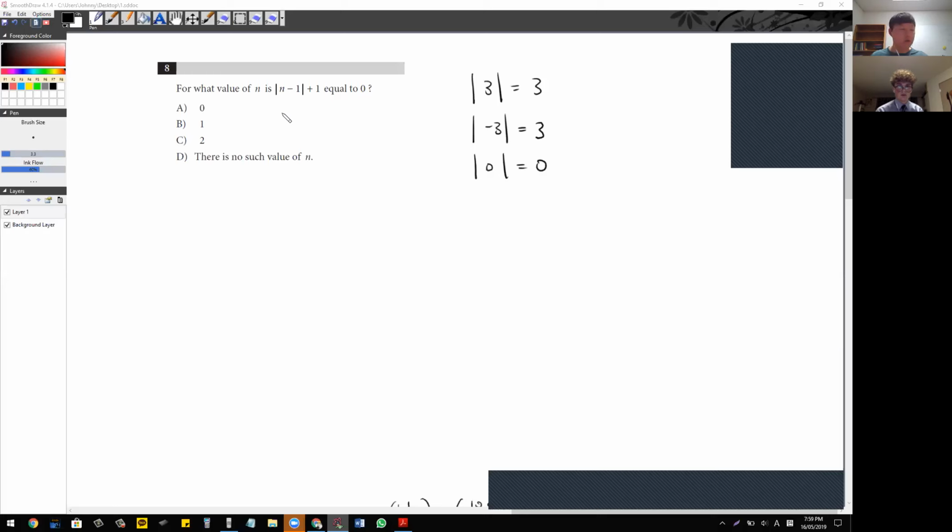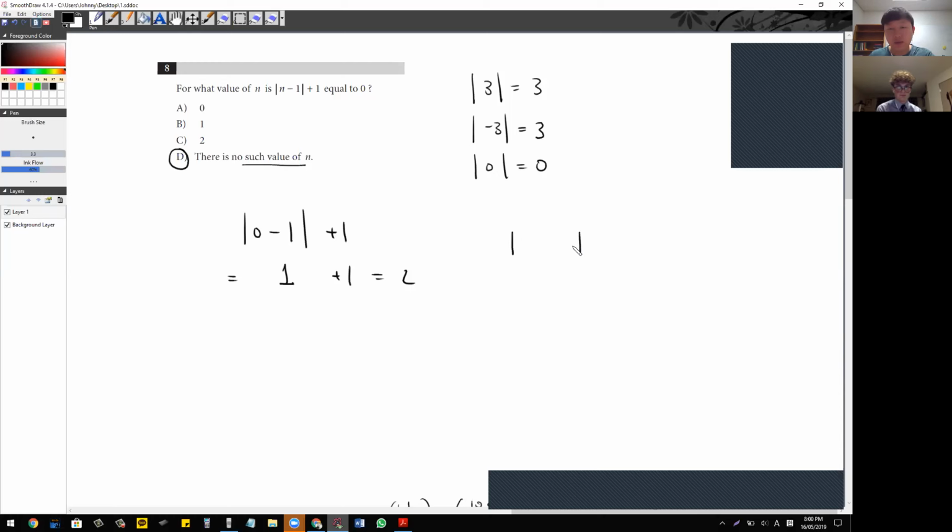A lot of people think it's 0, but if you plug in 0 there, what happens is you get 0 minus 1 plus 1, but then this is an absolute value of -1, which is positive 1. So is it D? It's actually D. There's no value because, think about this.